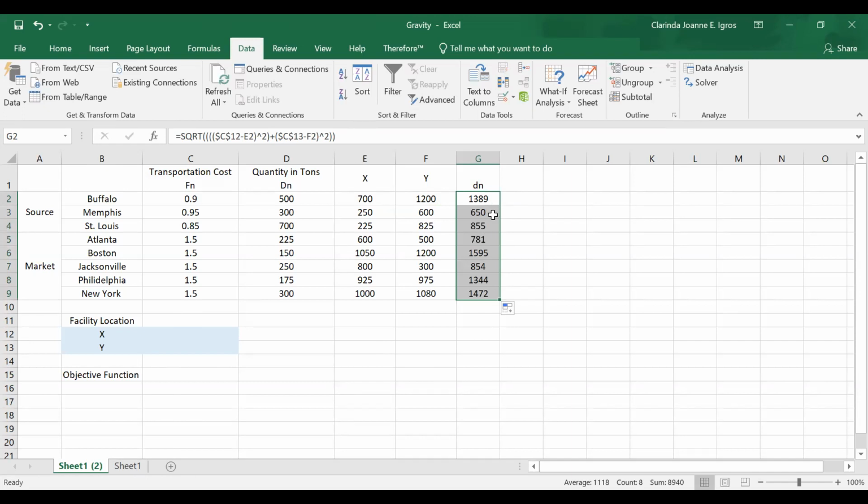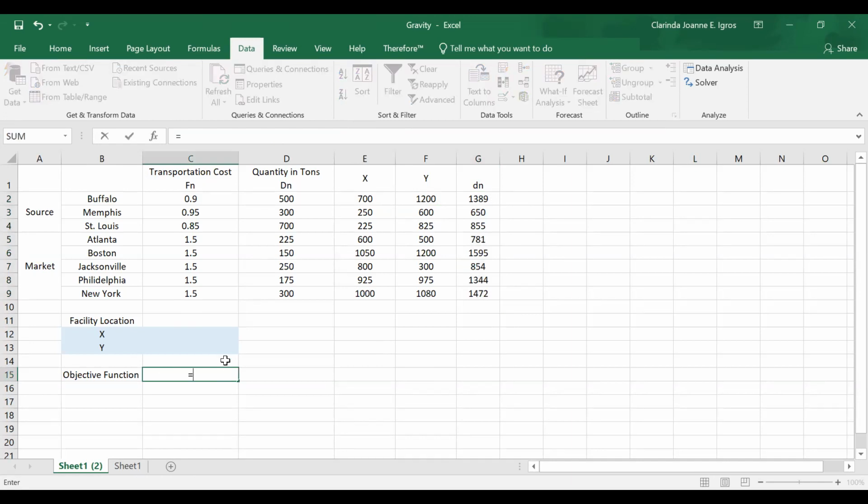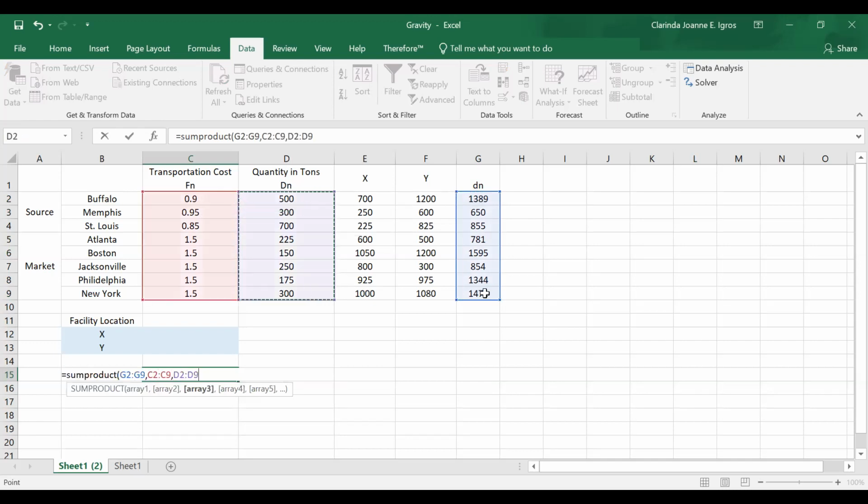Since all the distance values are already identified, we then go to the objective function, which is just the sum product of the different distances, the transportation cost, and the quantity needed to be transported.